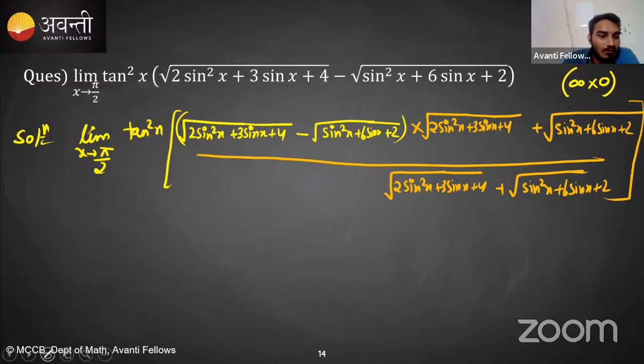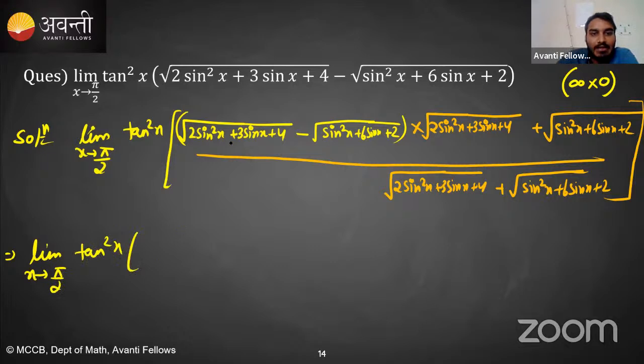So further than that, what will we do? Now this can be written as limit x tending towards pi by 2 of tan square x. Now what is this? a minus b into a plus b, which is a square minus b square.